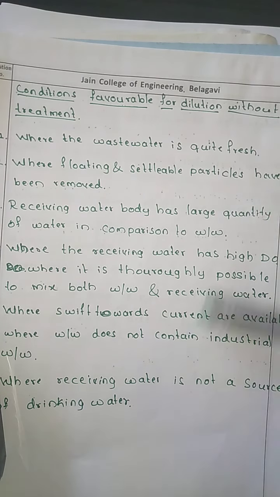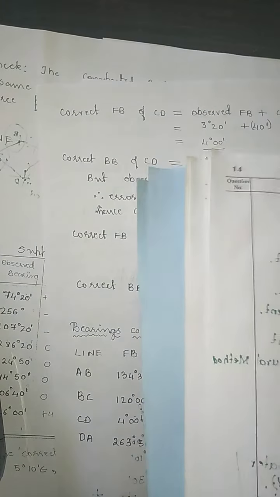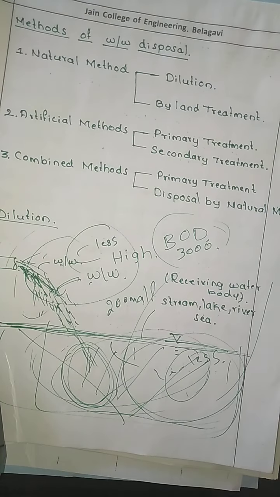The next topic is the conditions favorable for dilution without any treatment. By that I mean, whenever we dispose wastewater with no need of any treatment, we will see the conditions one by one by looking at this figure.